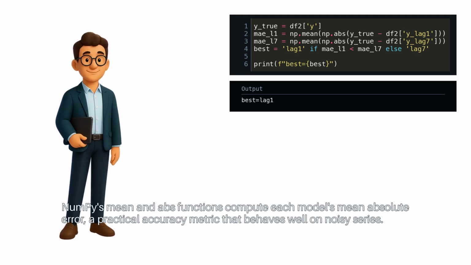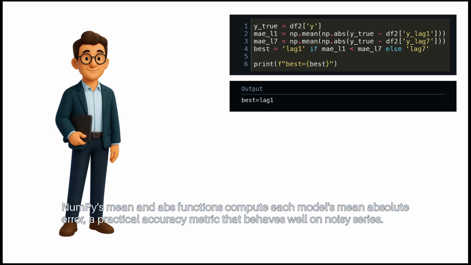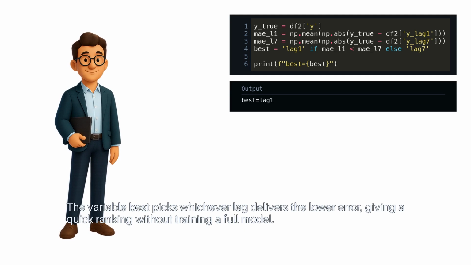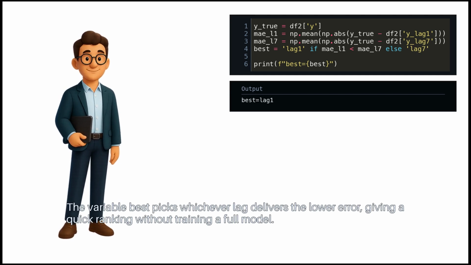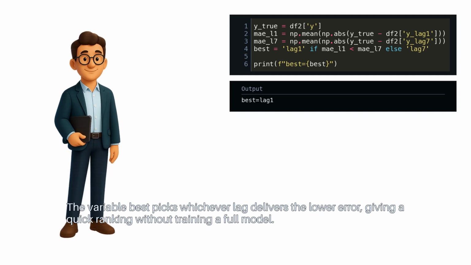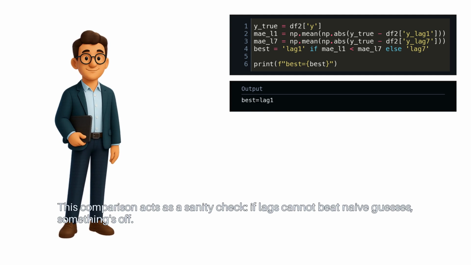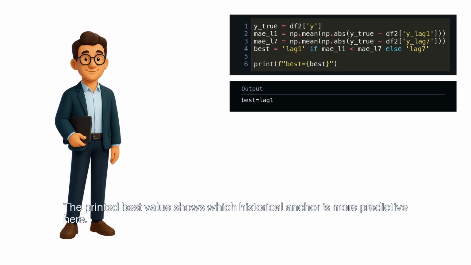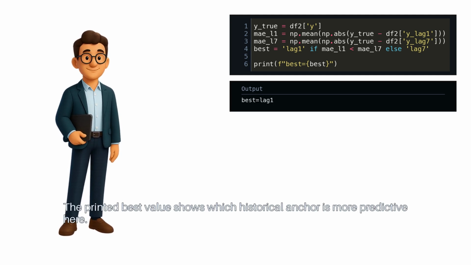NumPy's mean and abs functions compute each model's mean absolute error, a practical accuracy metric that behaves well on noisy series. The variable best picks whichever lag delivers the lower error, giving a quick ranking without training a full model. This comparison acts as a sanity check. If lags cannot beat naive guesses, something's off. The printed best value shows which historical anchor is more predictive here.